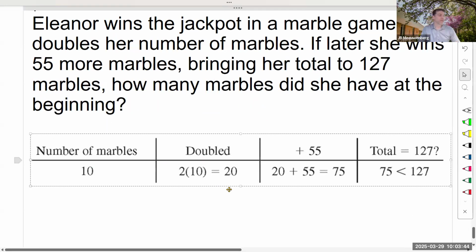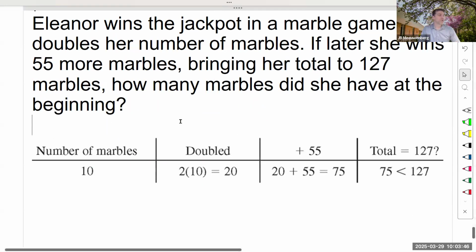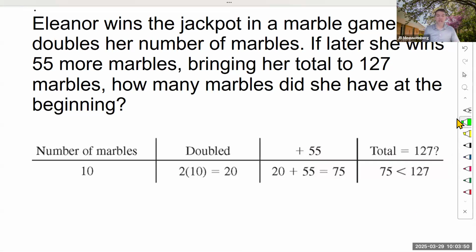And what that's going to look like is something like this, where you're organizing your process and your steps and your information. And so we say, okay, let's just guess and say, what if she had 10 marbles to start? What would that mean? Well, the first thing it says was that she doubled her marbles, 2 times 10, that would give her 20 marbles. And then later she won 55 more, we would add 55 to that 20 and get 75.